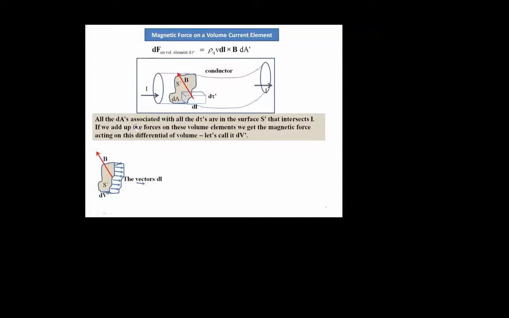So all the dAs associated with the d tau primes are in the surface S prime, and this intersects all of the current.